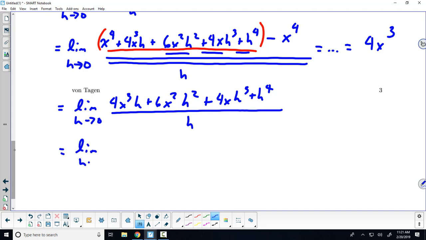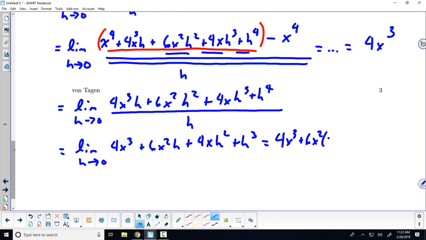So I've got the limit as h approaches 0 of 4x cubed plus 6x squared h plus 4x h squared plus h cubed. But this can now be evaluated through direct substitution. So this gives me 4x cubed plus 6x squared times 0 plus 4x times 0 squared plus 0 cubed. So all of those other terms die out.